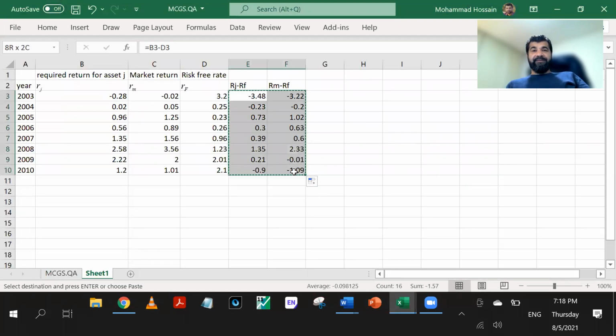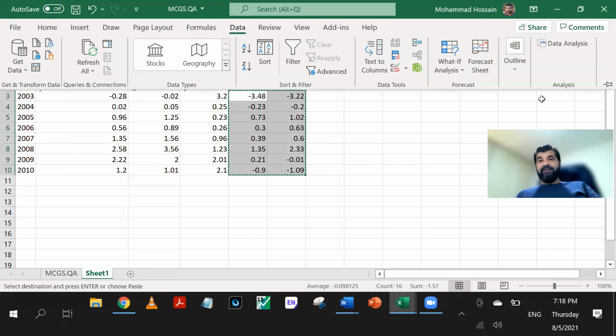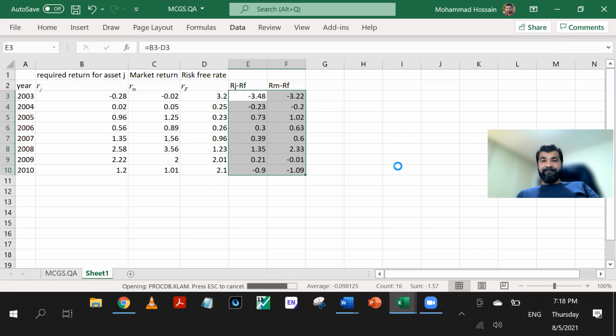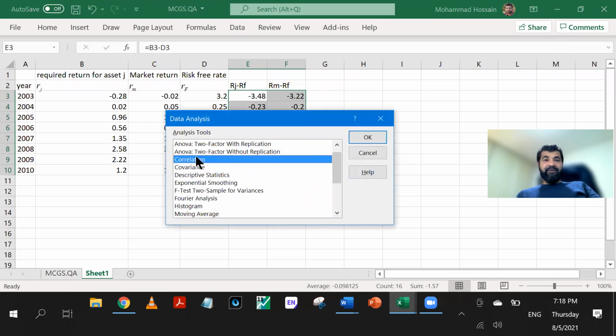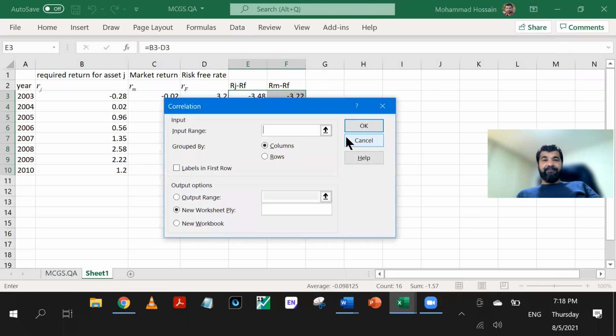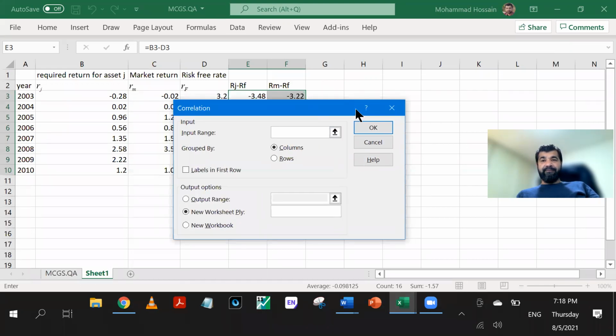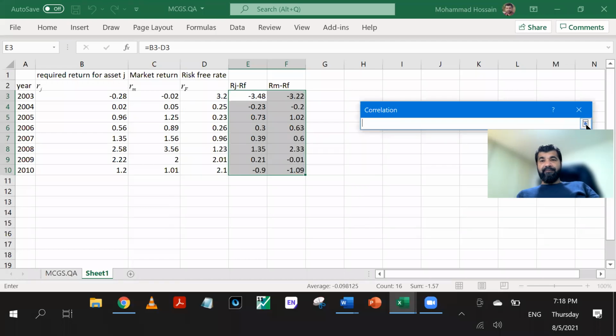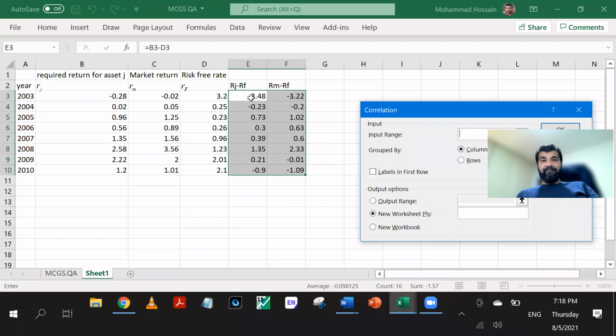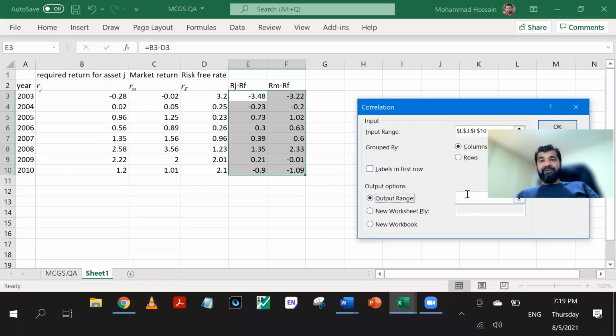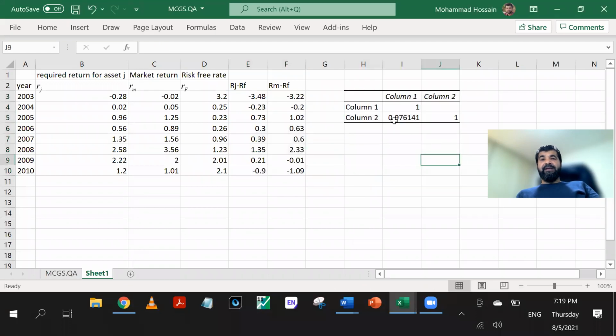Now, for these two data, analysis, correlation, per columns, output range, correlation will be 97.6141.